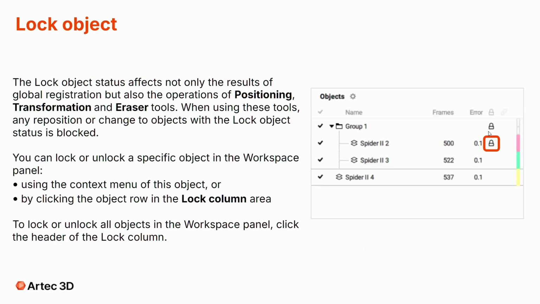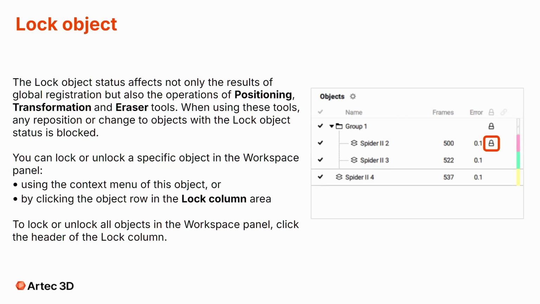Okay, so now our second function, which is lock object, and you can easily distinguish it in your workspace by its icon. It's a classic padlock. While lock frames only affects global registration, the lock object status is far more comprehensive. It acts as a universal anchor.